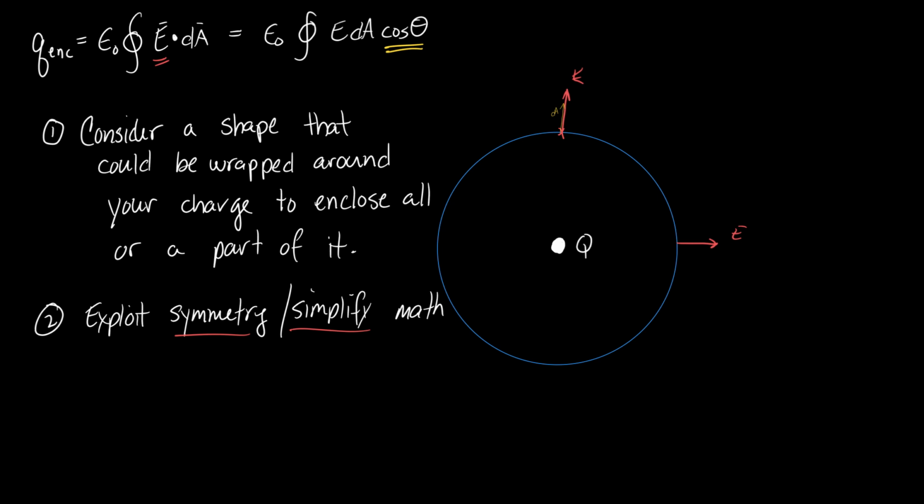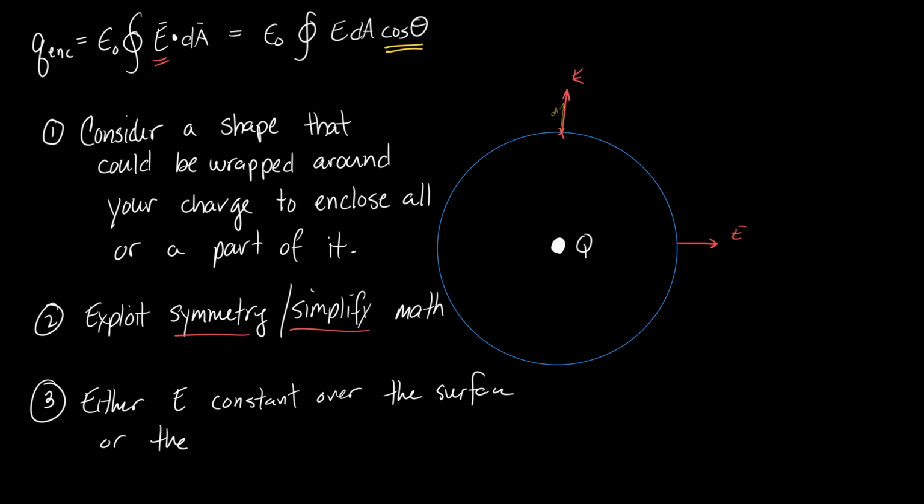We okay? So that means for every piece of area, the cosine will be 0 and the electric field will be the same size. I'm saying that purposely because what we're really looking to do is try and come up with either E being constant over the surface, or the flux being 0 over the surface.